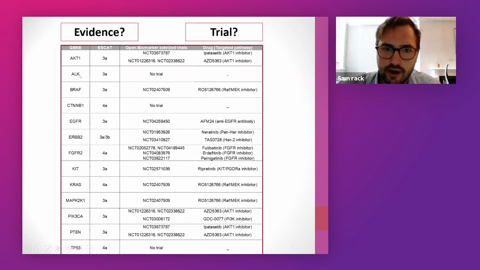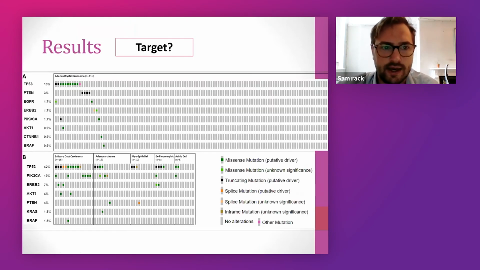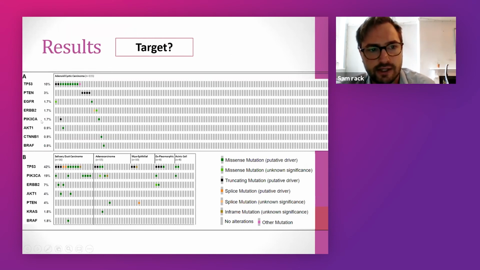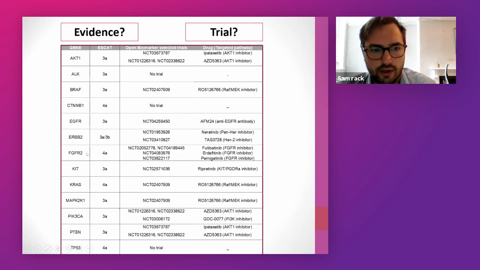So if we go back, we can see that something like this PIK3CA mutation in this individual here, we take it down to here, we could try an AKT1 inhibitor, or we could try a PI3 kinase inhibitor as part of these trials.